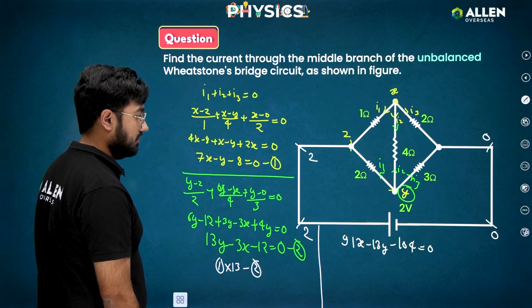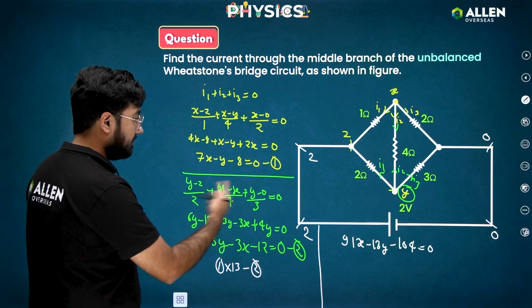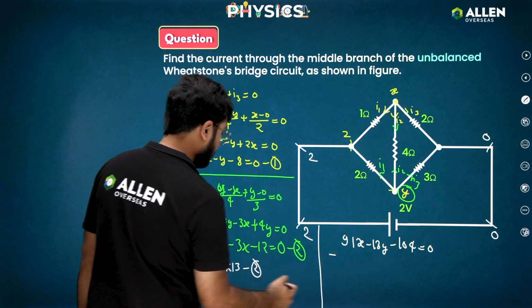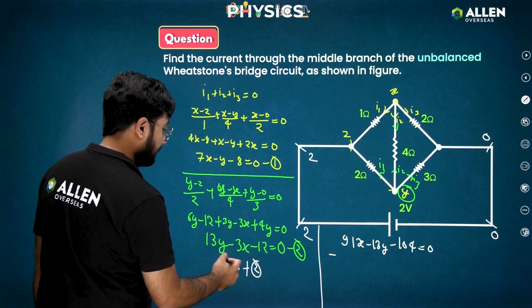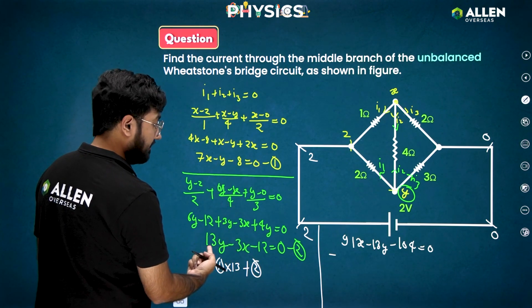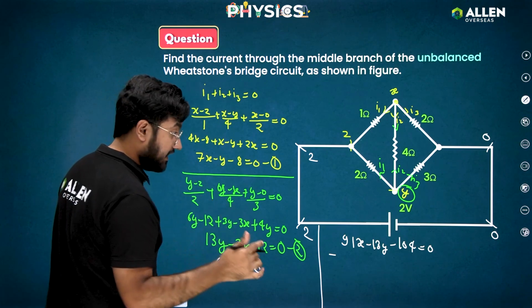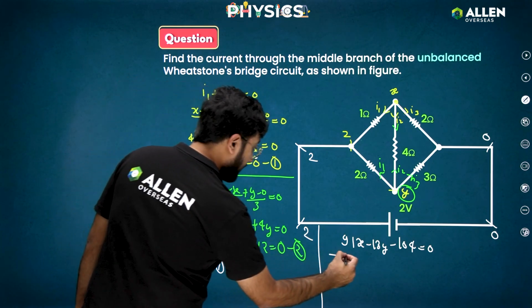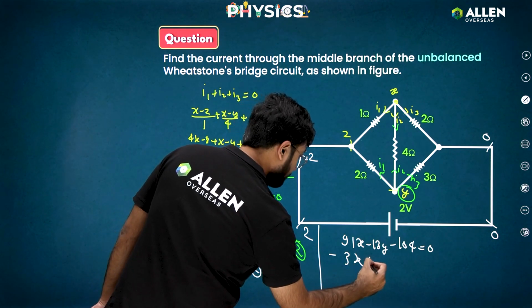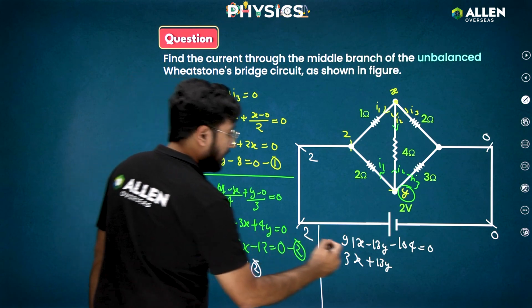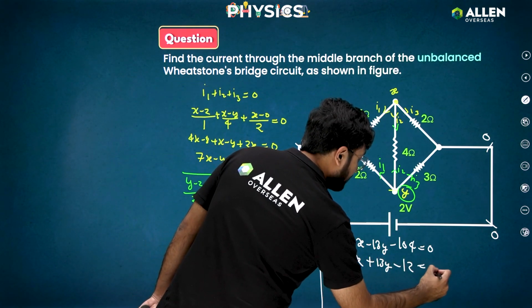Then for the second equation it is plus, because y is negative here and positive there, so I will be eliminating y. So from here this will be minus 3x plus 13y minus 12 is equal to 0.